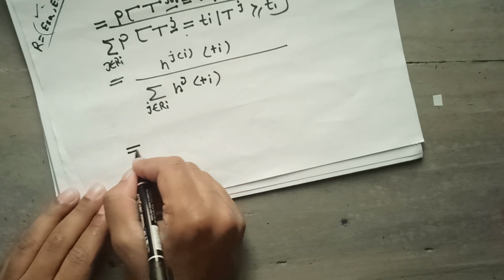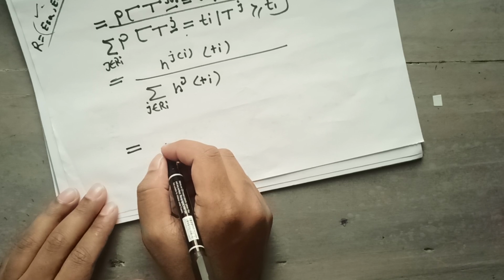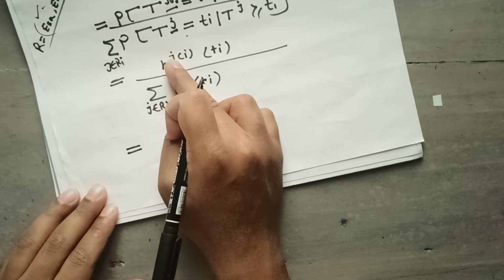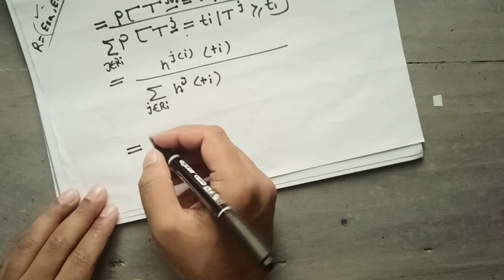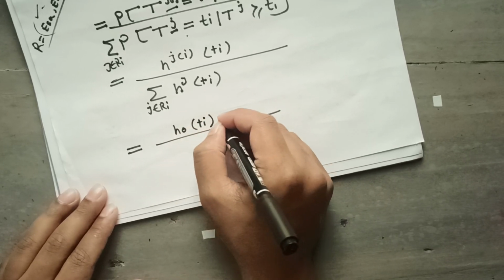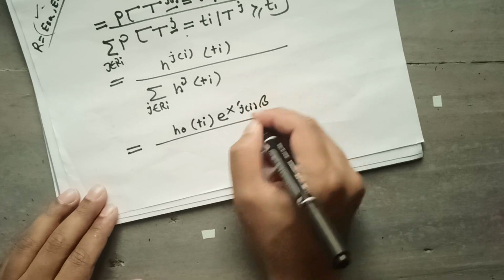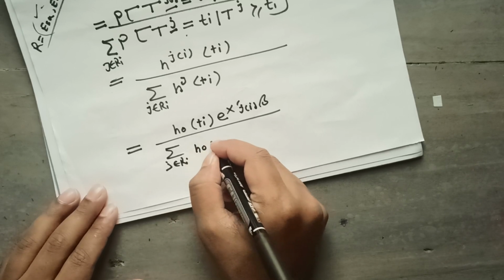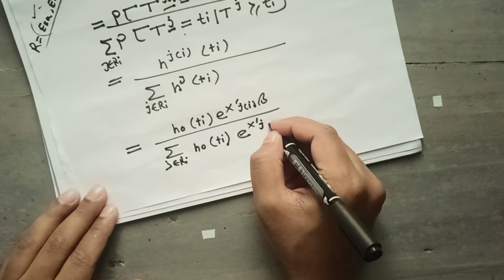And the next line, we will convert it, as we already know from the formula. This is the hazard when covariates are introduced, but now we will convert it to the baseline hazard, and we denote it like h naught of Ti e to the power x prime Ji beta, and the denominator will be the sum over J belongs to Ri of h naught Ti e to the power x prime j beta.